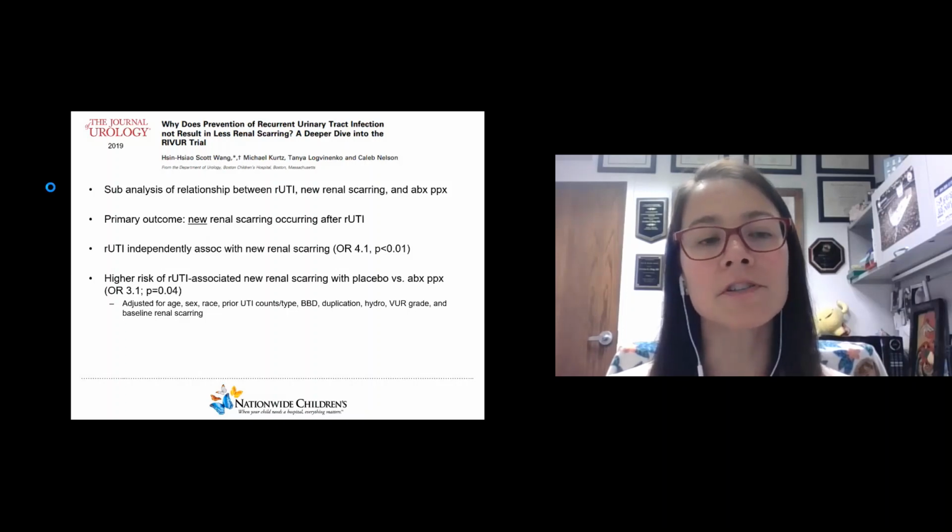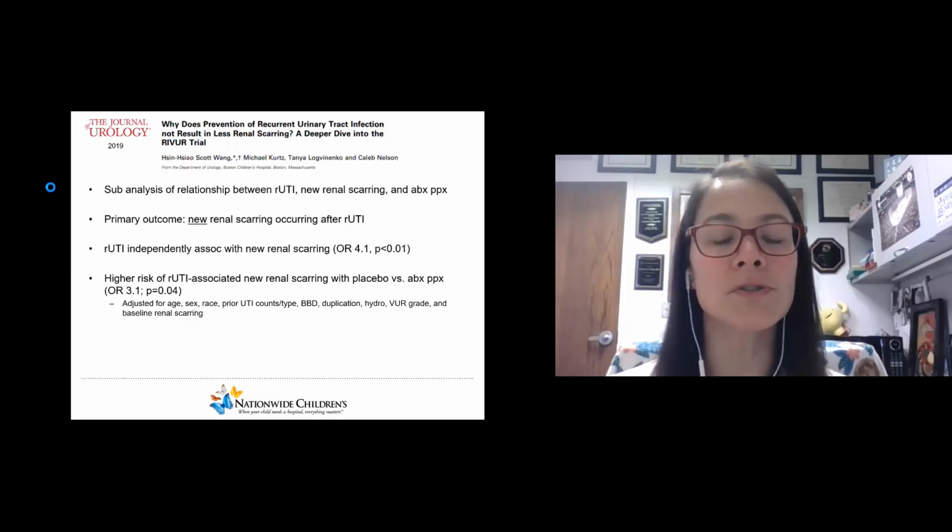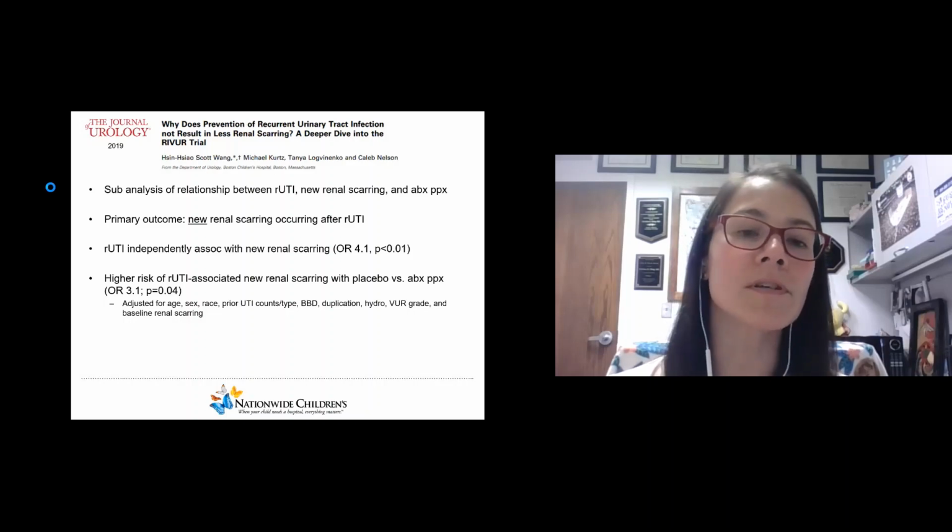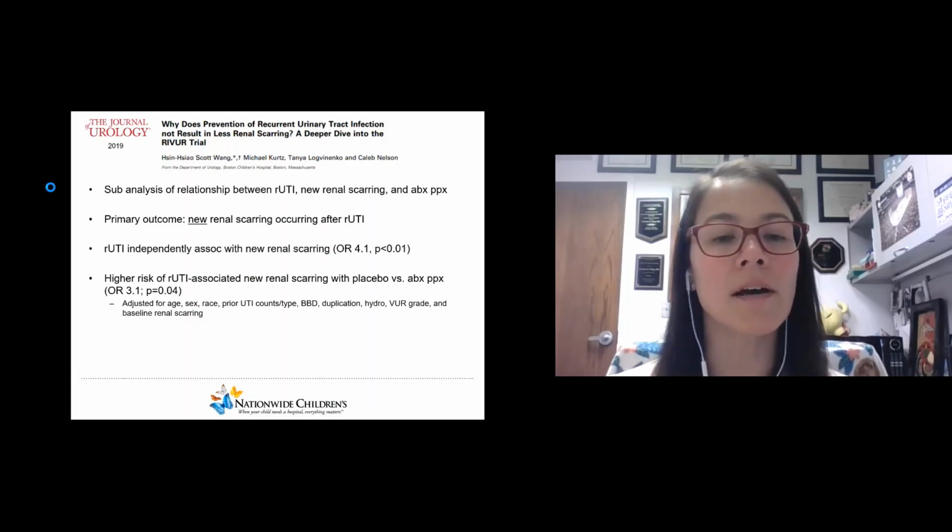They found that recurrent urinary tract infections were independently associated with new renal scarring, and they did find a higher risk of recurrent urinary tract infection associated new renal scarring in those who were on placebo compared to those on antibiotic prophylaxis after they adjusted also for certain patient considerations.